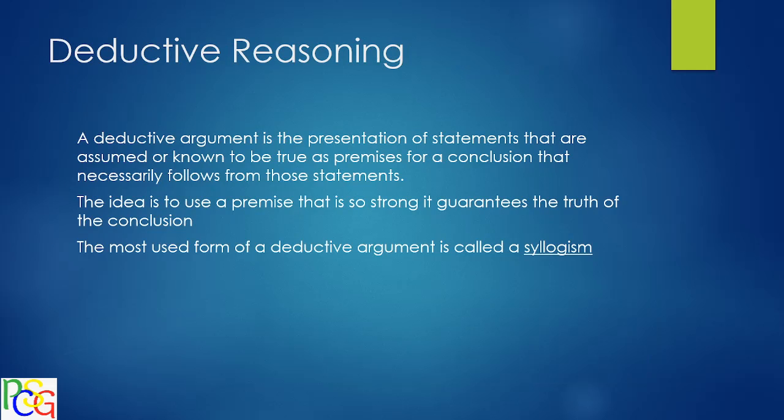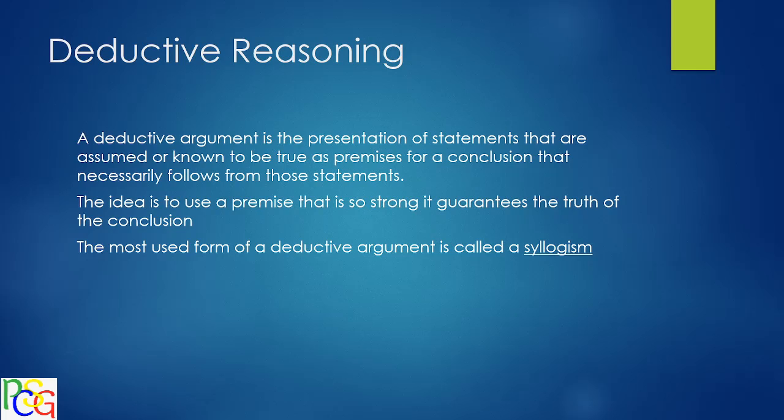Moving on. So moving on now, we have deductive reasoning, and this is another form of argument writing. A deductive argument is the presentation of statements that are assumed or known to be true as a premise for a conclusion that necessarily follows from those statements.